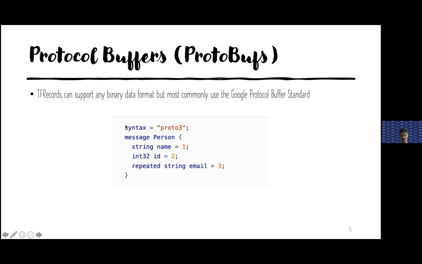Syntax equals proto3 just says that you're using the third version of the protocol buffer encoding. This is creating a new protocol buffer called person, which will be saved in a .proto file. And these values are declaring the fields and assigning a key to each field. So you have a name with key 1, ID with key 2, and a string email with key 3.